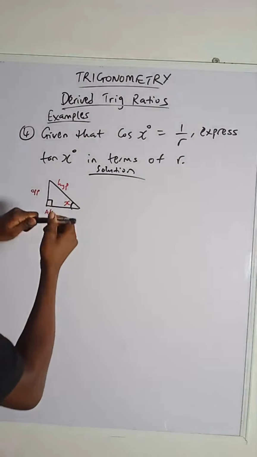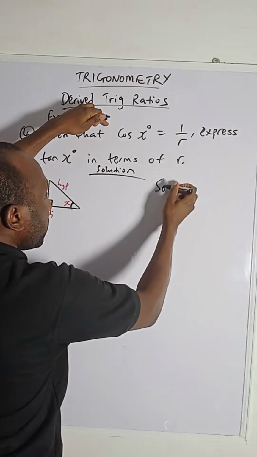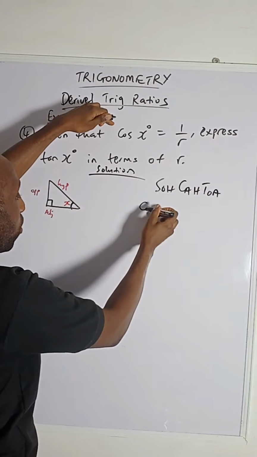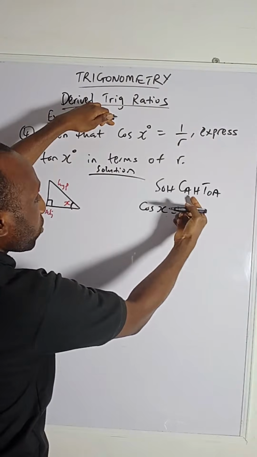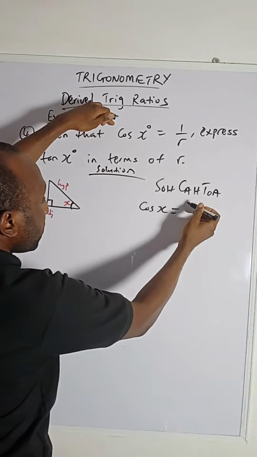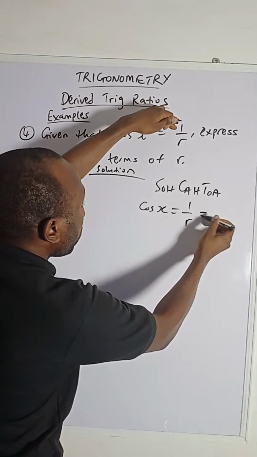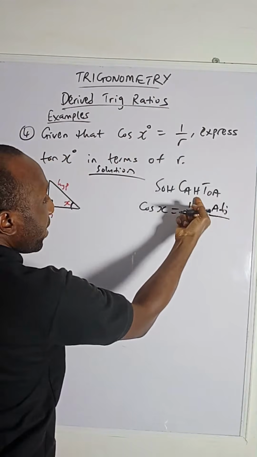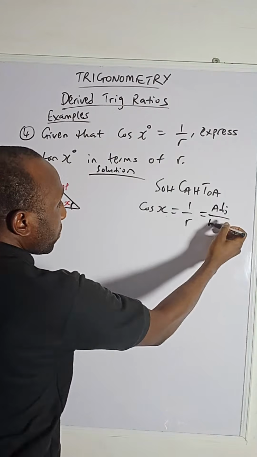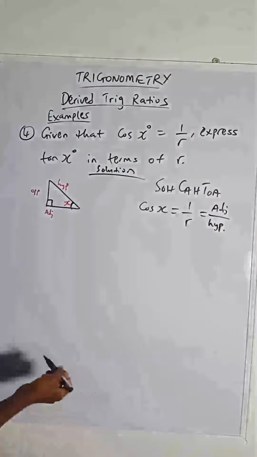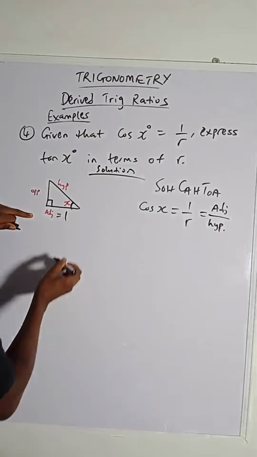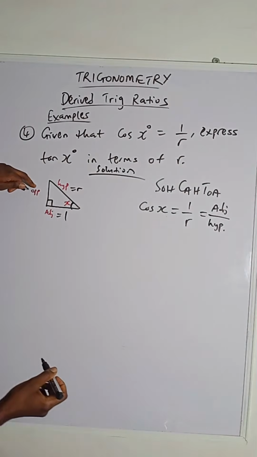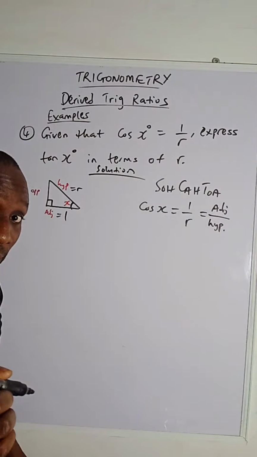Using SOHCAHTOA, cos x is adjacent over hypotenuse. If this is 1 over r, the adjacent is 1 and the hypotenuse is r. What about the opposite? Pythagoras theorem.